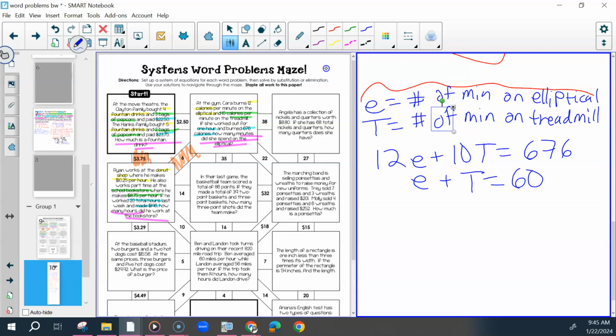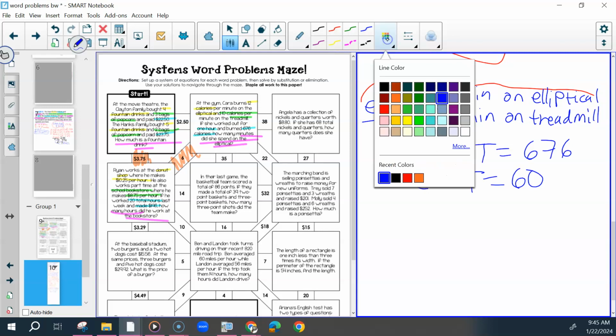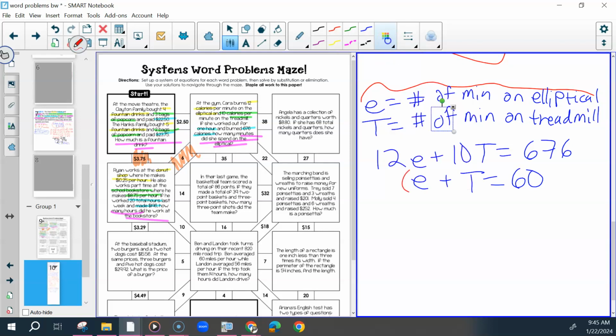Alright, do we want to solve this by substitution, elimination, or graphing? Elimination. Elimination, okay. If we wanted to eliminate, we need to solve for E, so we can eliminate T by just multiplying this bottom equation by 10.